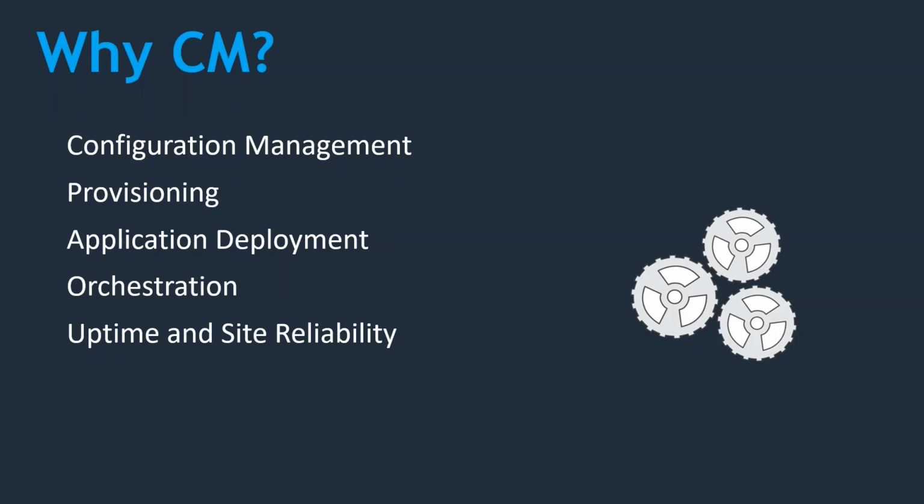Whenever we are using configuration management, we can reduce the outages which happen due to changes. Due to that, it is going to increase the uptime and site reliability, and the trust in that particular application increases.